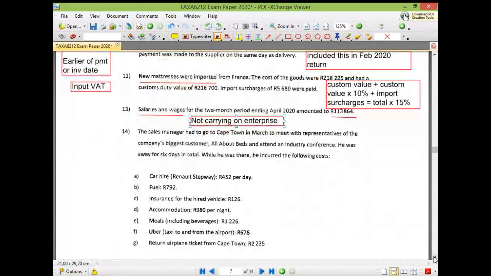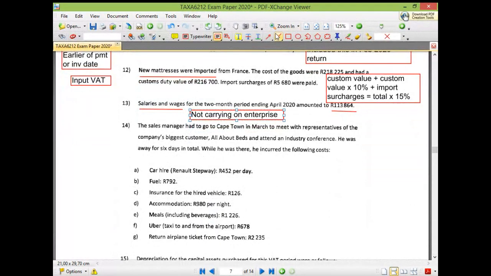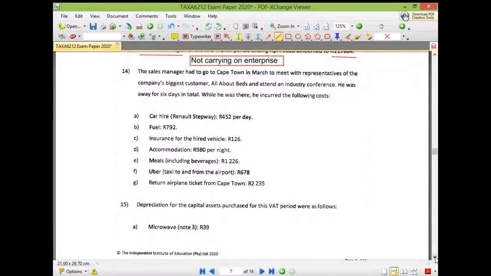Then we've got our sales manager. He went to Cape Town and he had the following expenses. Now, as soon as they break down the expenses, that means different expenses, different requirements. All you need to see is he was away for 6 days. So the first one is your car hire. This was per day. For your car hire, we will not be able to claim this because it is still considered as a motor car as defined.